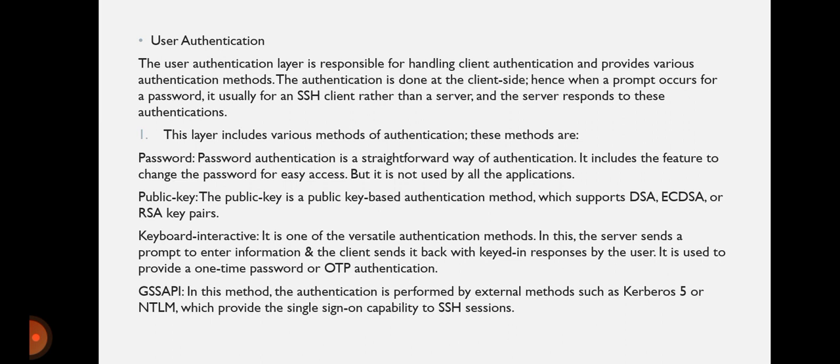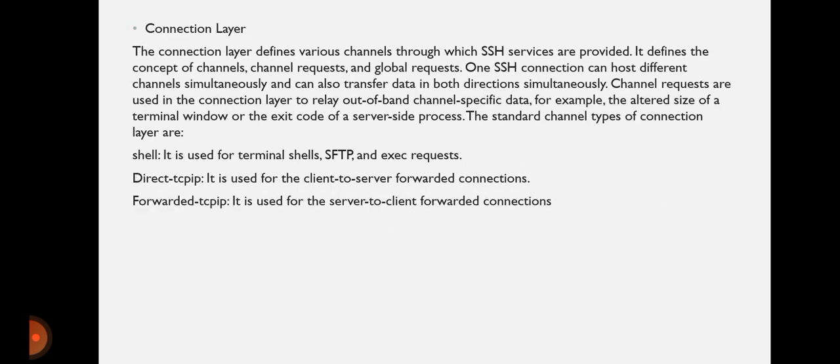In this, the server sends information and the client sends back a response from the user. It is used for one-time password, or OTP, authentication. Next one, GSSAPI. In this method, the authentication is performed by external methods such as Kerberos 5 and NTLM, which provide single sign-on capability to SSH sessions.